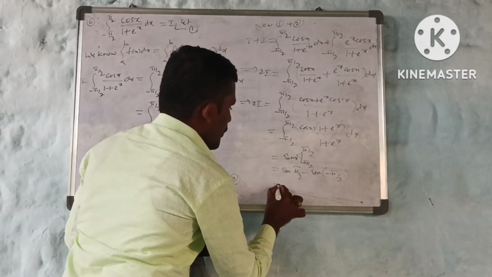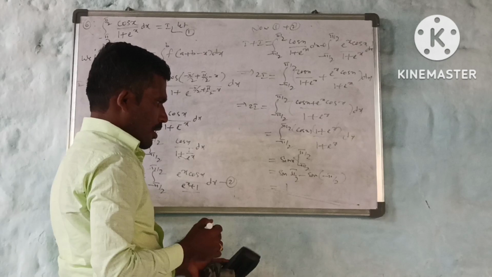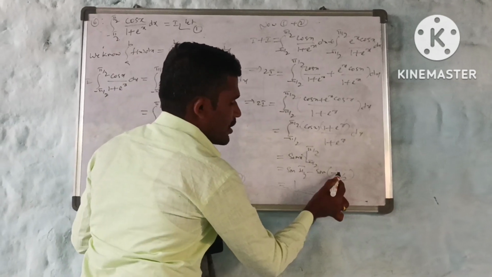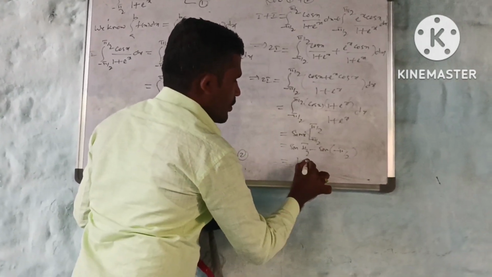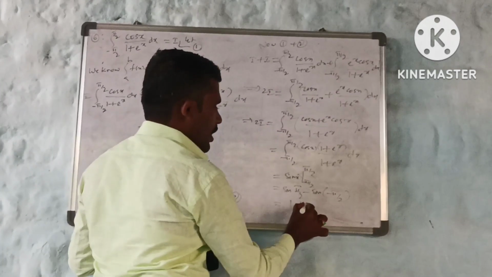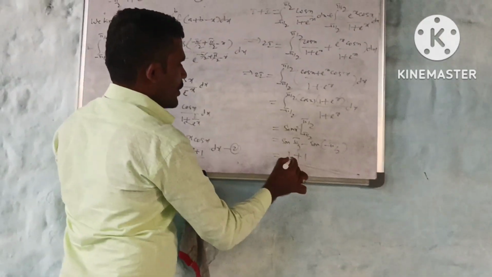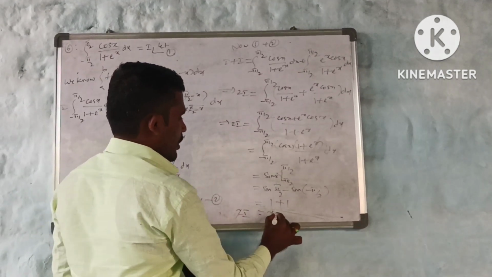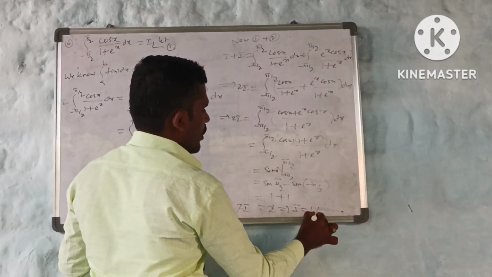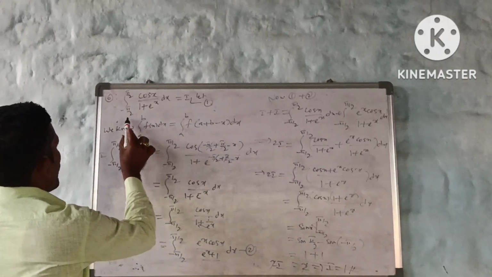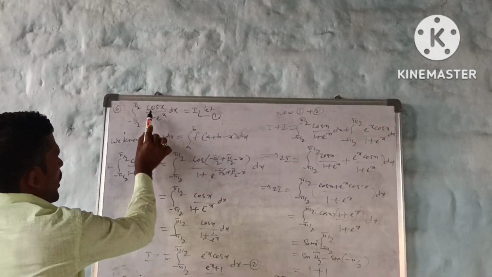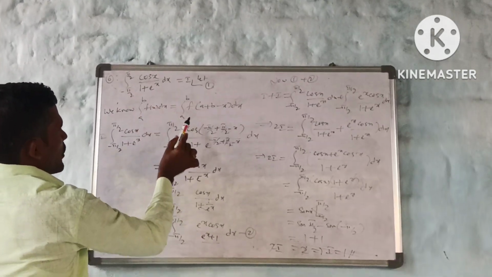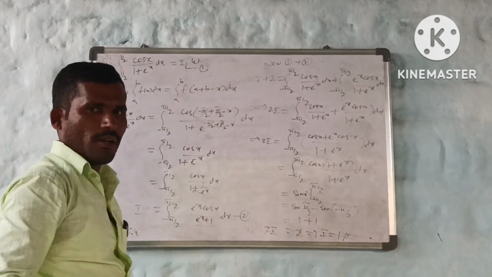Sin pi by 2 is 1, and minus sin of minus theta becomes plus, and sin 90 is 1, so 1 plus 1 is 2. So 2I equals 2, and cancelling, we get I equal to 1. So the integral from minus pi by 2 to pi by 2 of cos x by 1 plus e power x dx, the answer is 1.